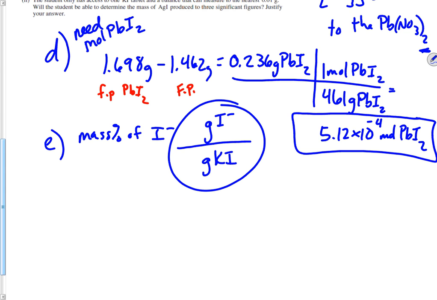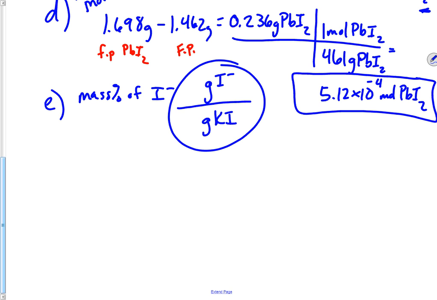I like to actually think about the actual units of what I'm going for before I start. Otherwise, that gets really difficult for me. Okay, so where is the I minus coming from? The only stuff that I know, because I don't know anything about the tablet, all of the I came out from the tablet into the precipitate. So I got to use what I just had. So I'm going to use this. Stay with me. This hopefully will make some sense.